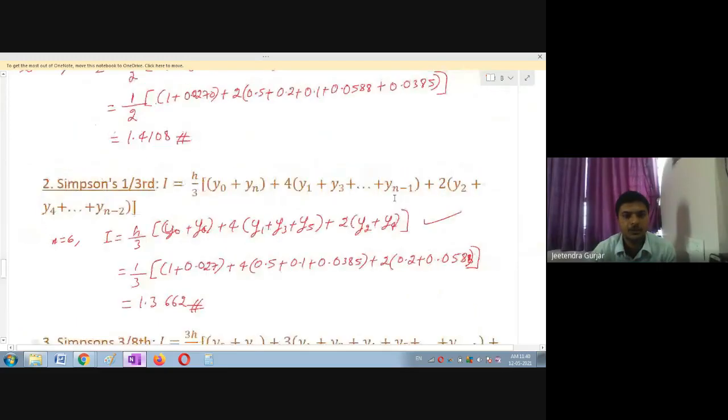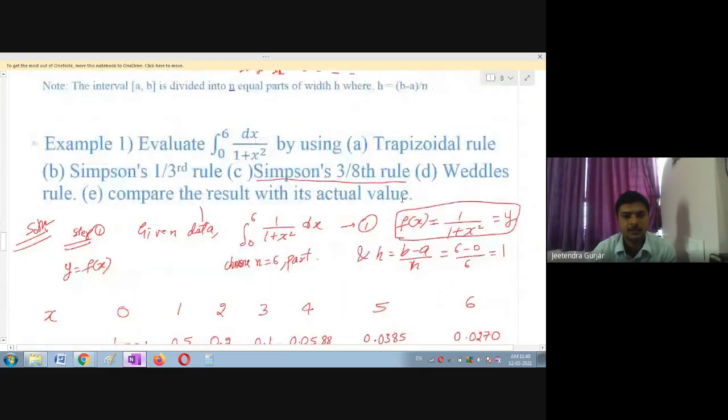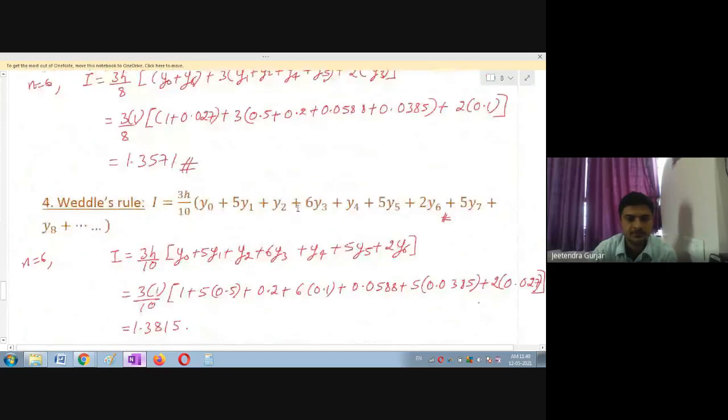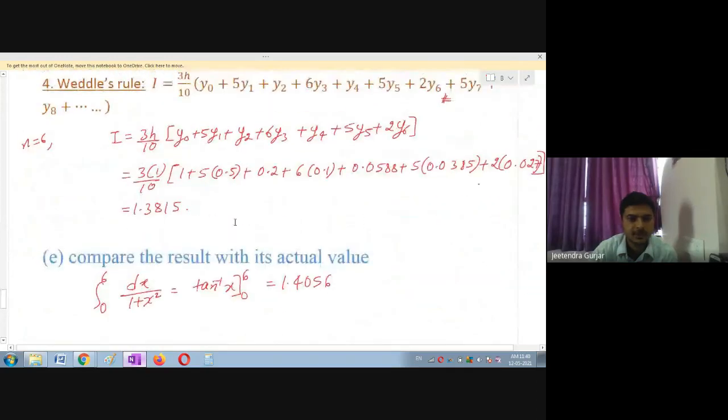We have to find all the approximate values from this. So what you come to the point is which one is nearer. Yes, you can see all the answers are nearer to the actual answer. This is one. Second, very, very near will be Weddle's rule, because we take parts at a time. Therefore, this is very near to the actual answer.